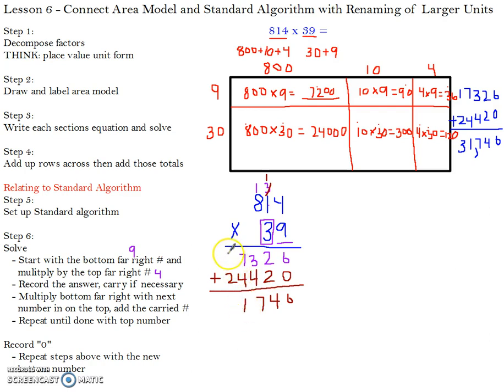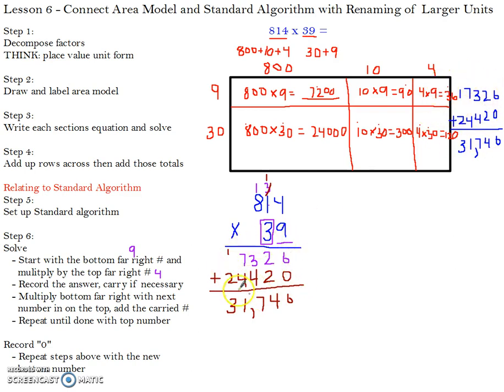So we leave that 1 and carry the 1. 1 plus 2 is 3. So my answer is 31,746.